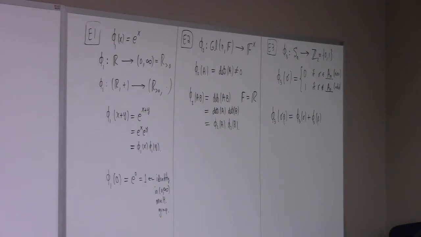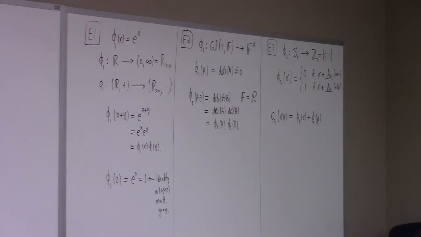So the left-hand side is 1, and the right-hand side is 0 plus 1. And then you get 1 equals 1 plus 0 similarly. Finally, if sigma and beta are both odd, then, of course, their product is even. So the left-hand side would be 0, and the right-hand side would be 1 plus 1, which is also 0 mod 2. So there you go. That's a homomorphism. All right. Questions?